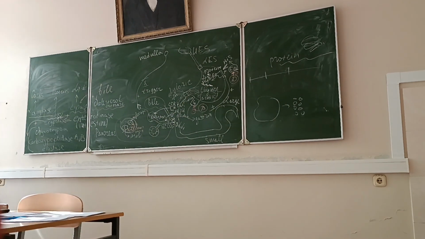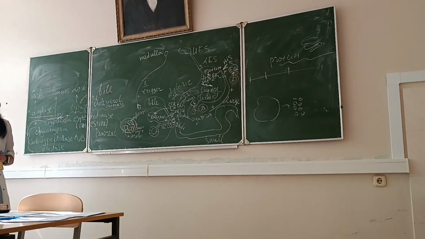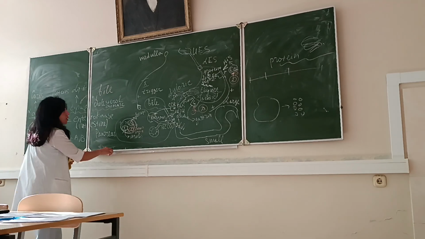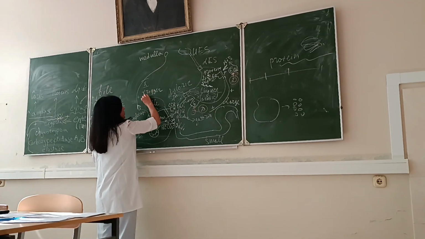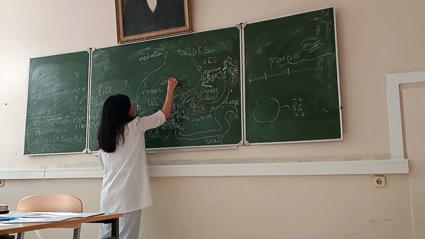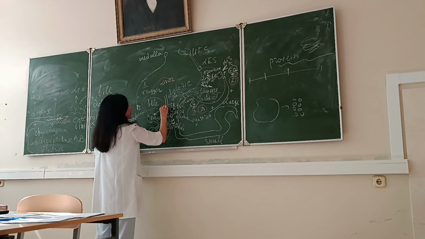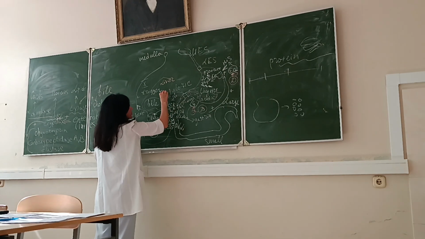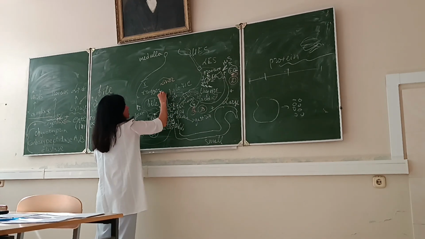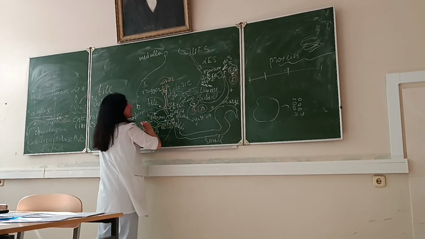We have two processes: bile production and bile release. Bile production occurs continuously in the liver.